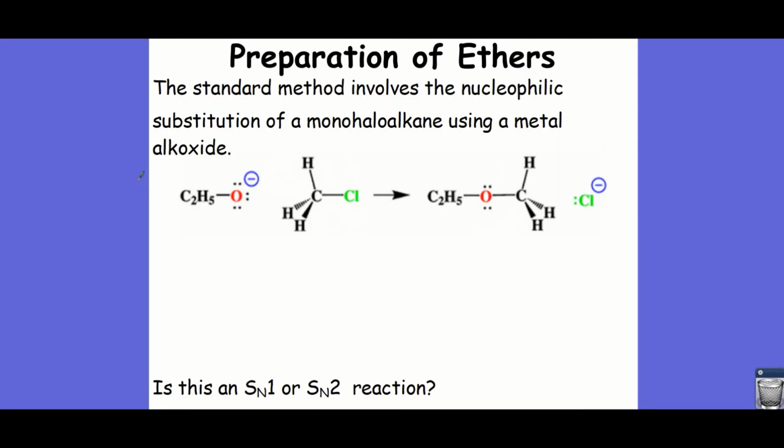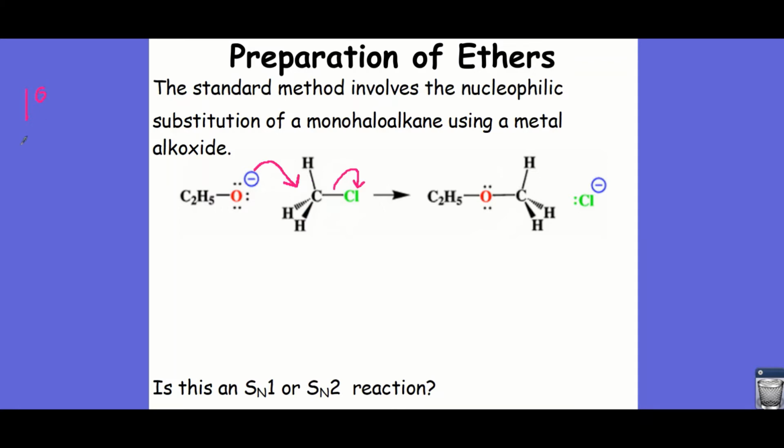So just once more about the reaction mechanism here. We've got our polar bond, which is attacked by our nucleophile. Now, having a wee think about whether this is SN1 or SN2, have a look at our monohaloalkane. It's chloromethane. The carbon that our halogen is attached to has 3 hydrogens attached to it.